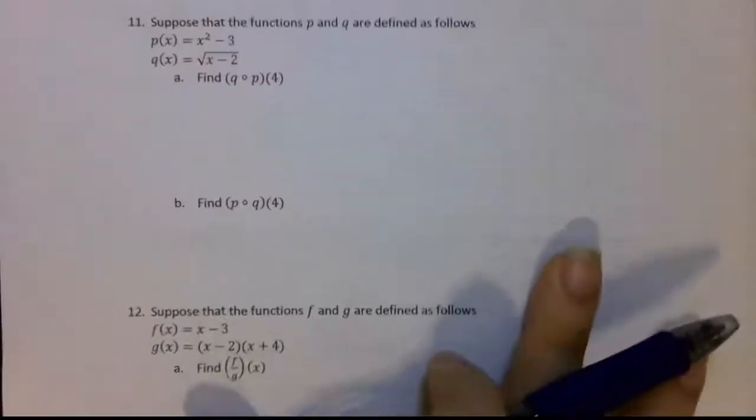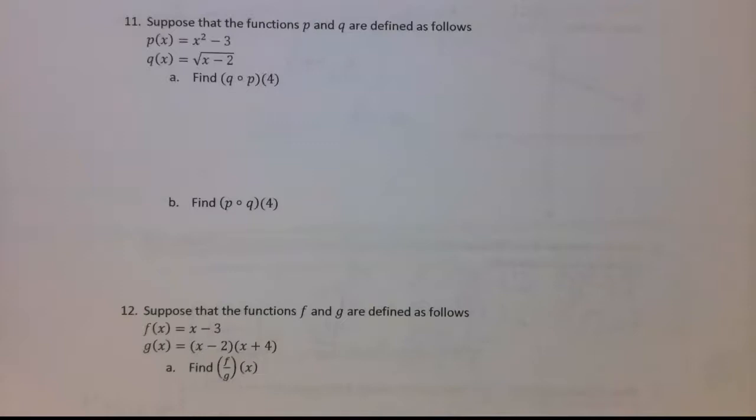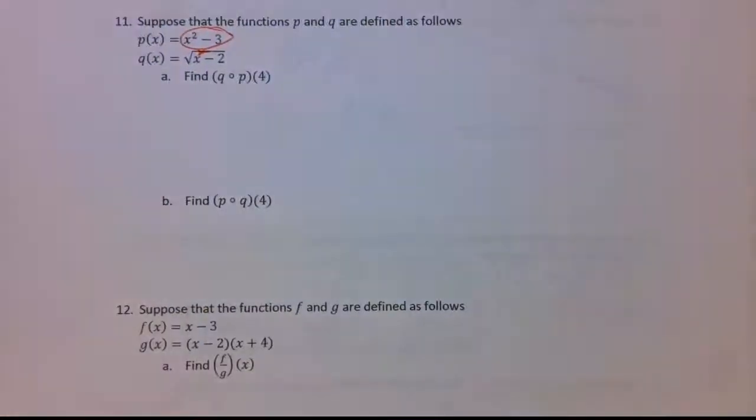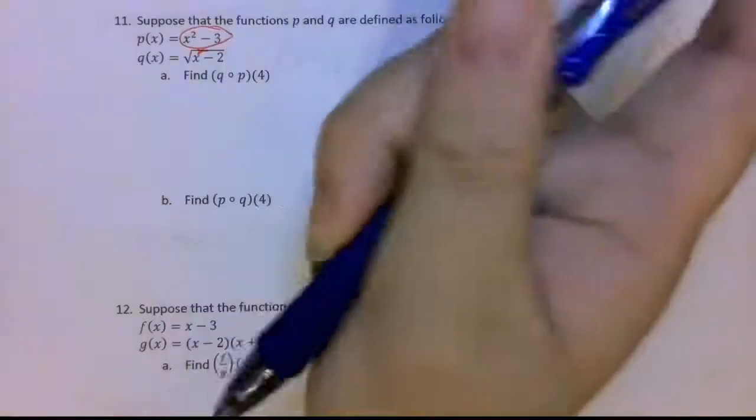This one gives me two functions, and it wants me to do composition. Remember that notation means I'm plugging in. So Q of P of 4 means I am taking the equation from P, plugging that in for x, and then I'll be plugging in for the x's. So first I'm going to start by rewriting this.